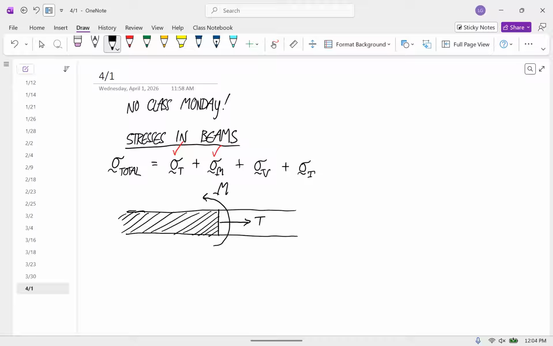Say that they're in these directions. Let's think about what the profile of stresses looks like as you go from top to bottom along this cross section.